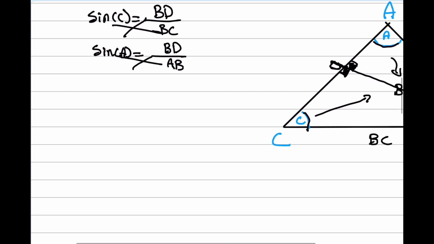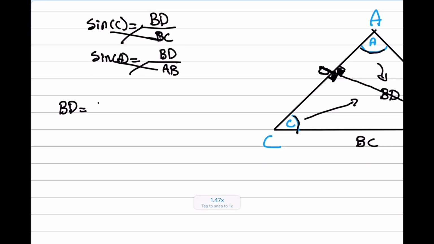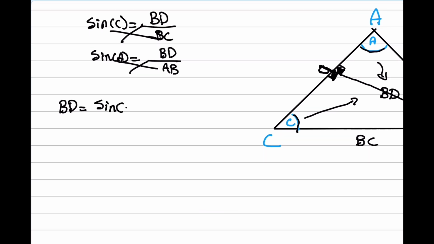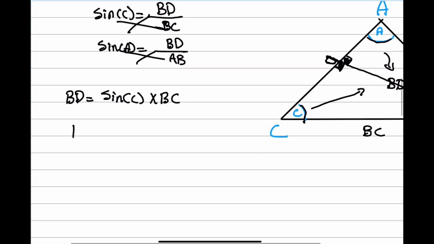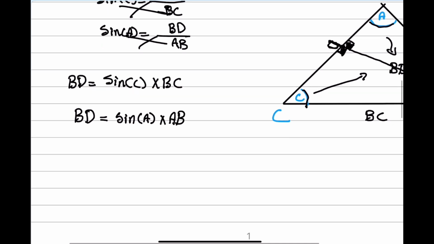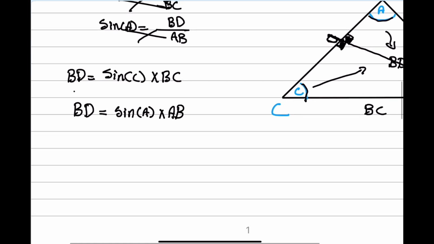So BD is equal to sine C multiplied by BC, and BD is also equal to sine A multiplied by AB. Since BD is equal to BD, this is equal to this.